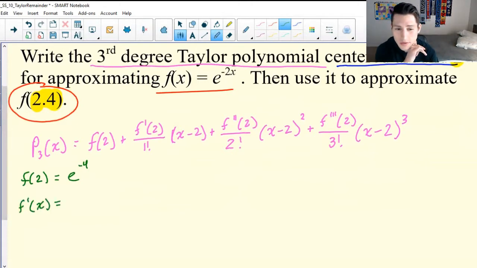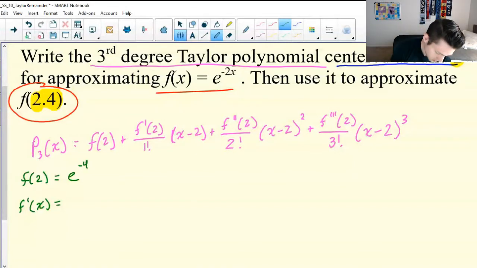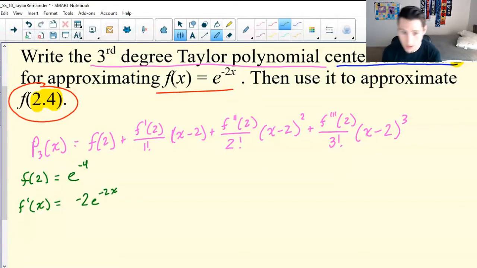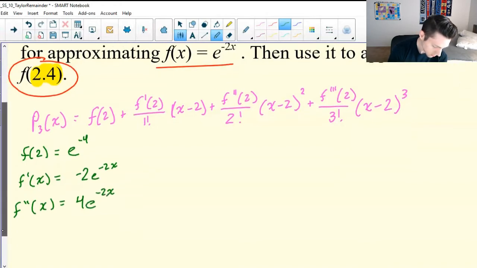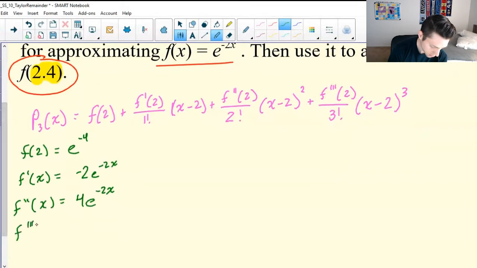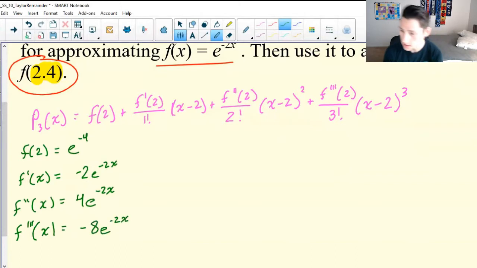Okay, I need to know these derivatives. f prime: the derivative of e to the x is e to the x, but since it's negative 2x, we're going to have a chain rule. f double prime, another chain rule, so we go to positive 4 e to the negative 2x. And f triple prime, using the chain rule, I would get negative 8 e to the negative 2x.